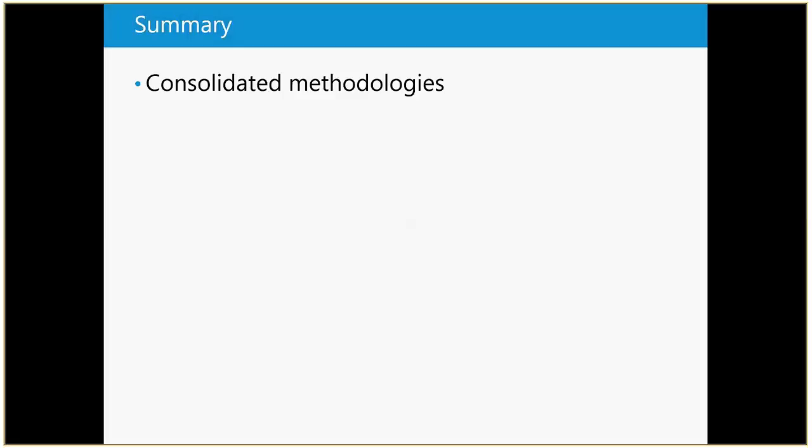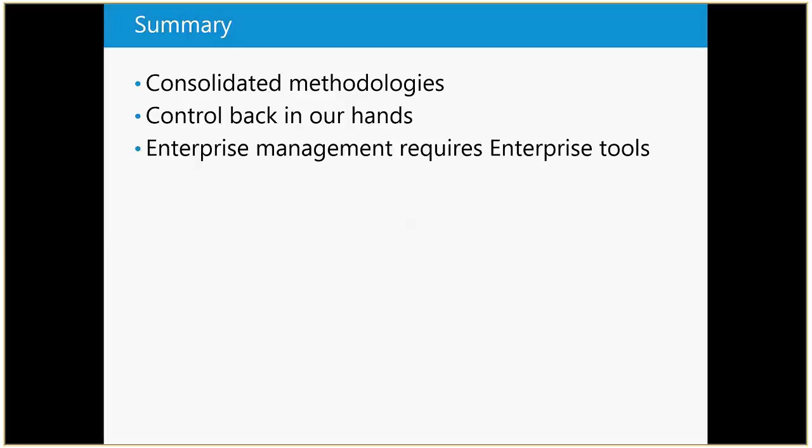So summary, what have we got here? We've got consolidated methodologies. We can now use the same tools, Intune and group policies, to control desktops, tablets, and phones. This is finally putting control back in our hands for the applications that are running on our machines. In order to exert this kind of control, there's a fair amount of groundwork you have to do up front. You've got to get your certificate authority, you need to get a mobile device management, some group policies in place.